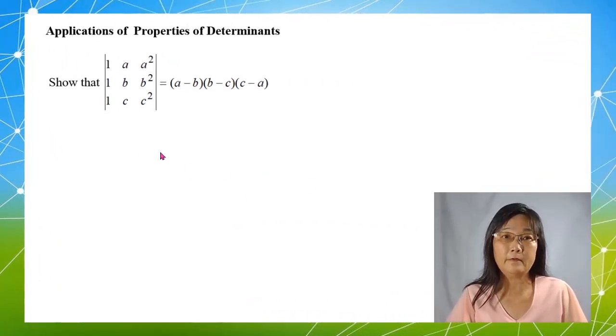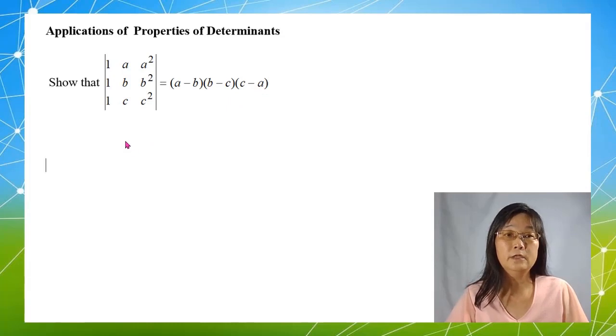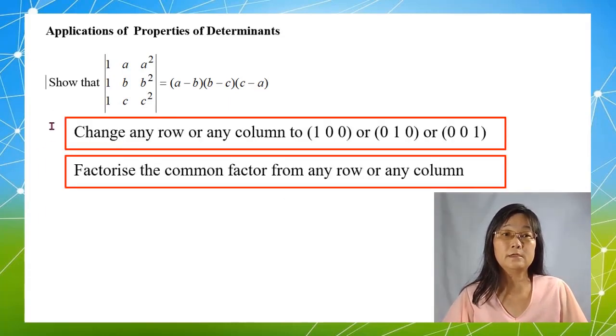After we have learned about the properties of determinants, now we are going to apply these properties in solving problems. Now let's look at this question. Show that the determinant is equal to (A minus B) multiply (B minus C) multiply (C minus A). To do this, I'm going to use 2 techniques.